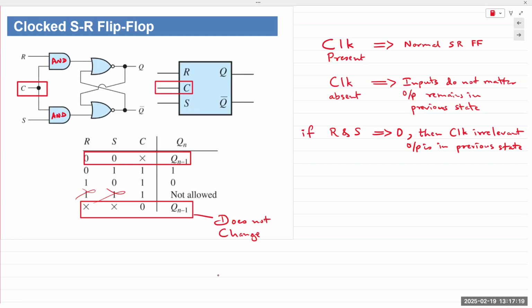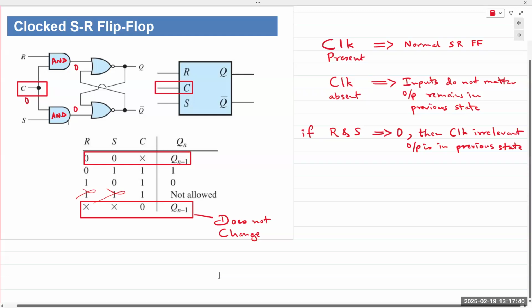Logical AND is a multiplication. So if even a single input of that AND gate is 0, the output will always be 0. So if the clock is 0, the outputs of both AND gates are always 0.